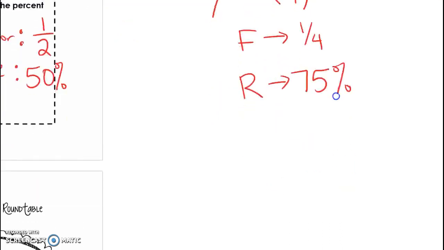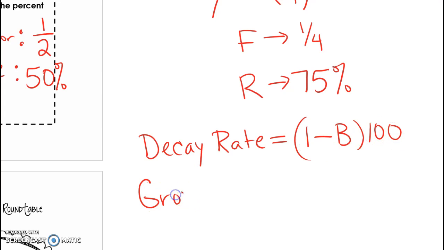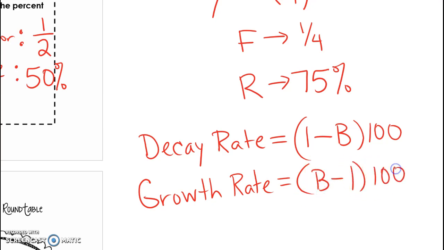So if I was going to, again, write a formula, so we have the decay rate would equal 1 minus b times 100. Whereas before we said the growth rate was equal to b minus 1 times 100.